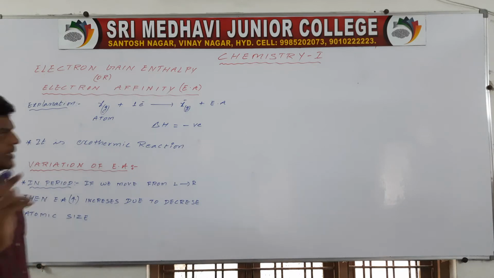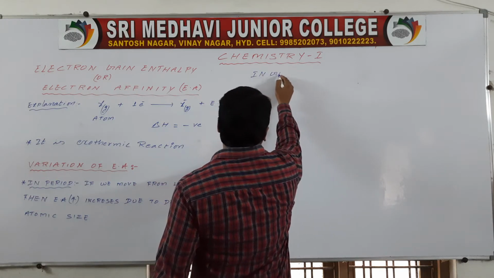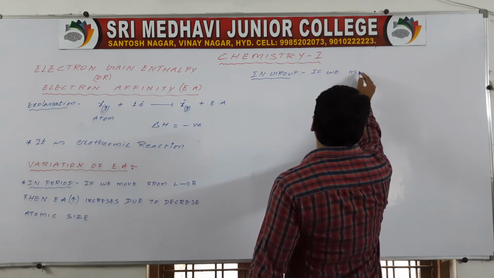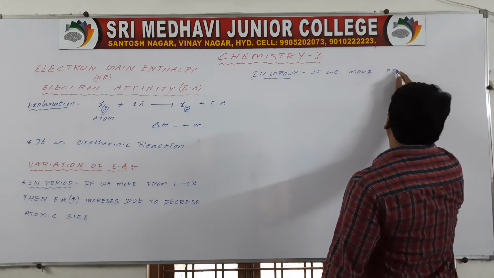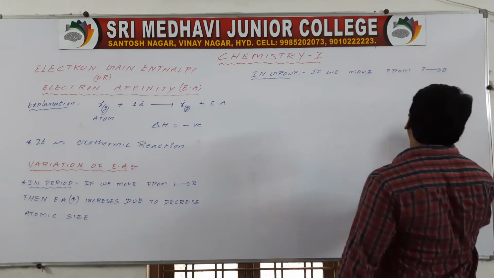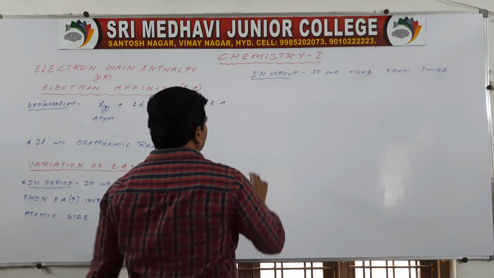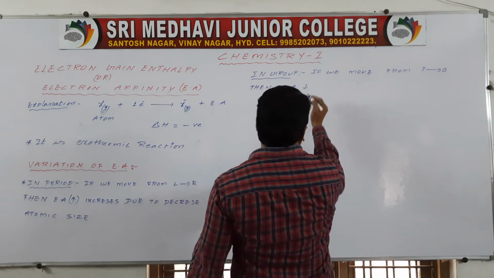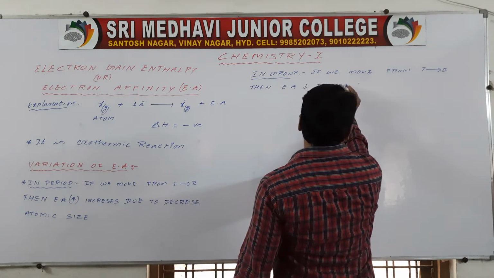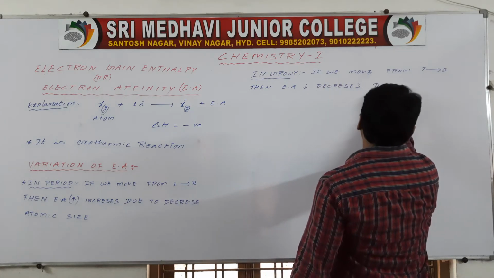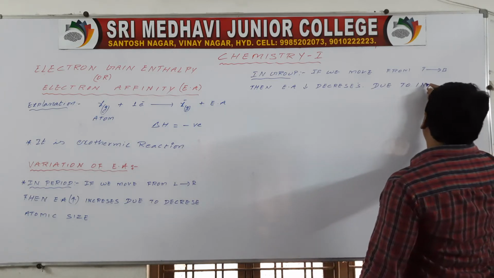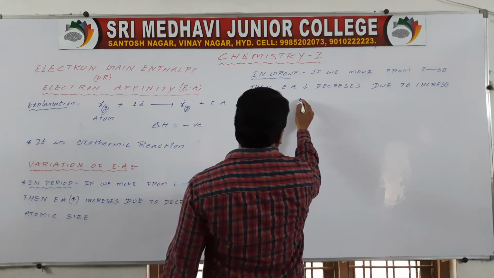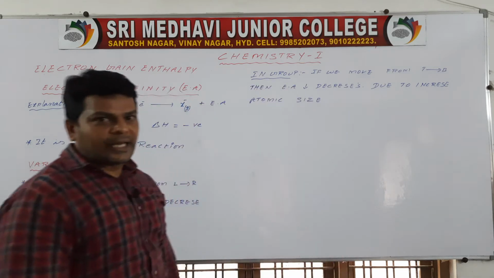It is in a period. Now in a group, if we move from top to bottom, T for top, B for bottom, then electron affinity decreases due to increase in atomic size.